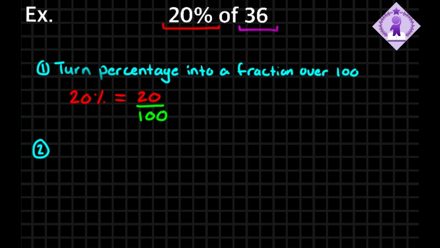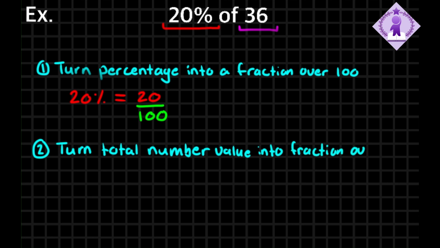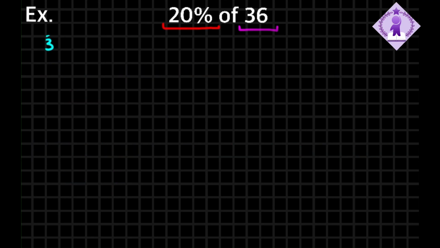Our next step is to turn our total number value into a fraction over 1. This is 36 divided by 1. Now that we have both numbers as fractions, we can do the next step and multiply them together.